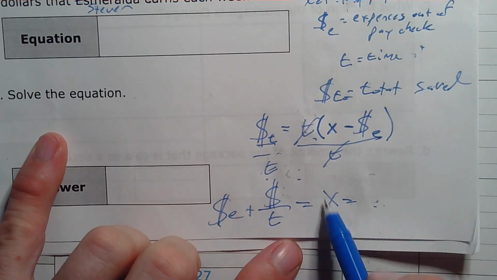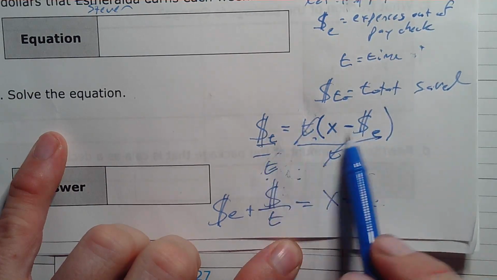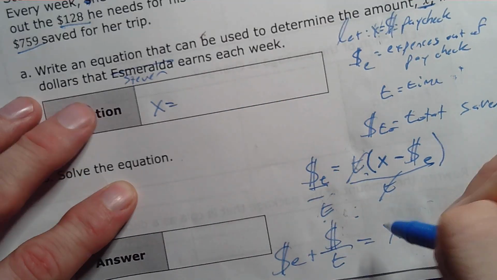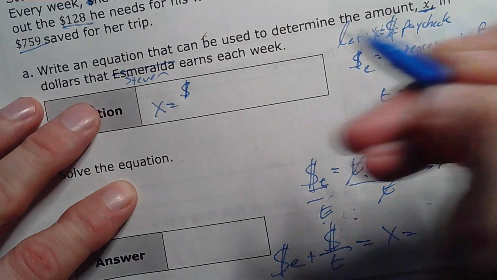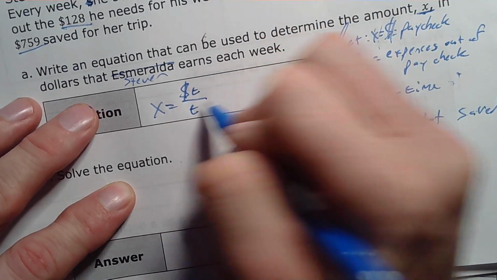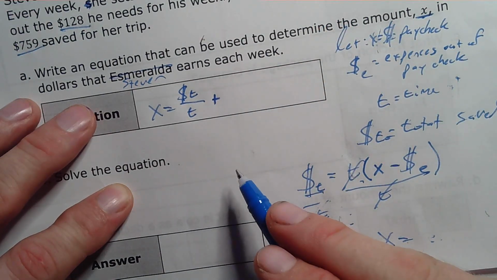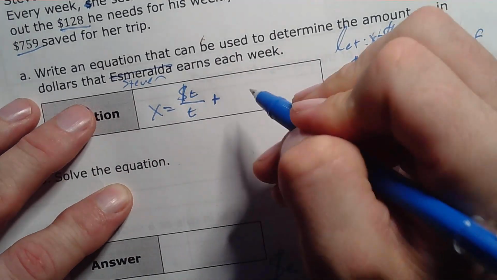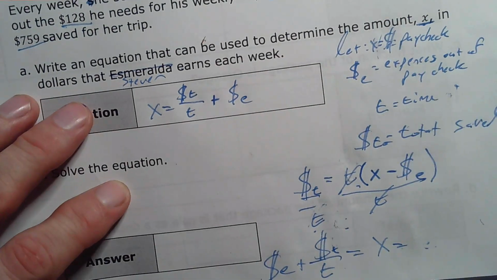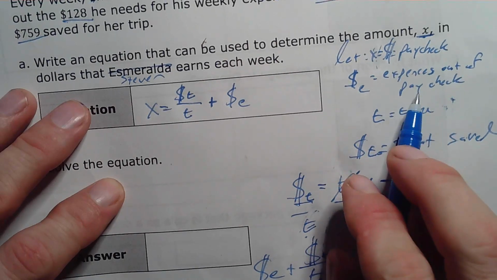So that was just some algebra. This original equation can be rewritten to equal this equation. So my X equation equals the dollars total that he saved divided by the time plus the dollars of the expenses that he pays out of his paycheck.